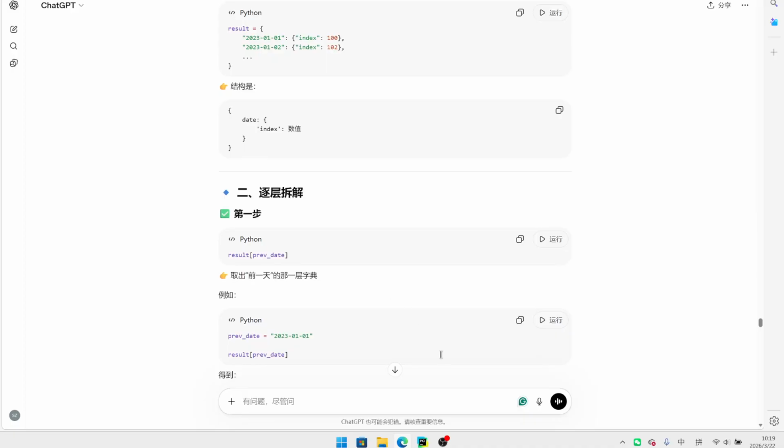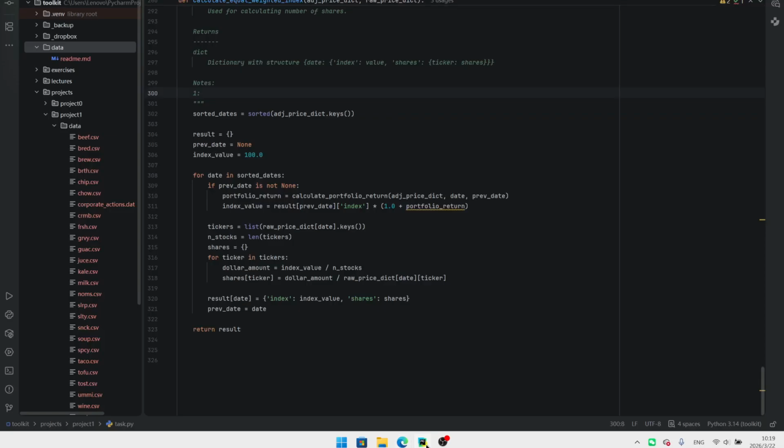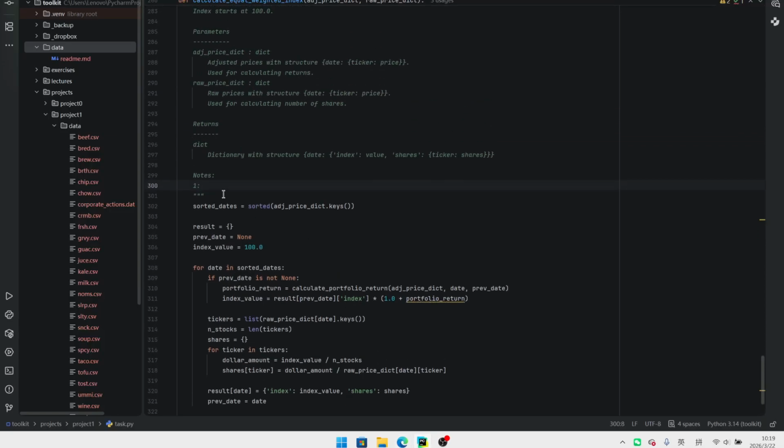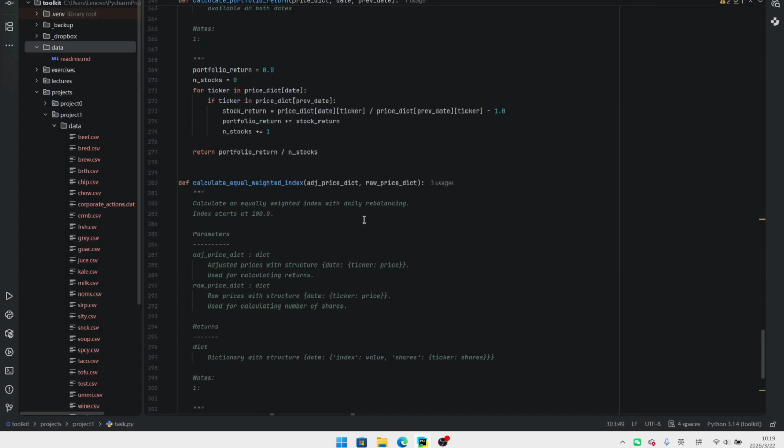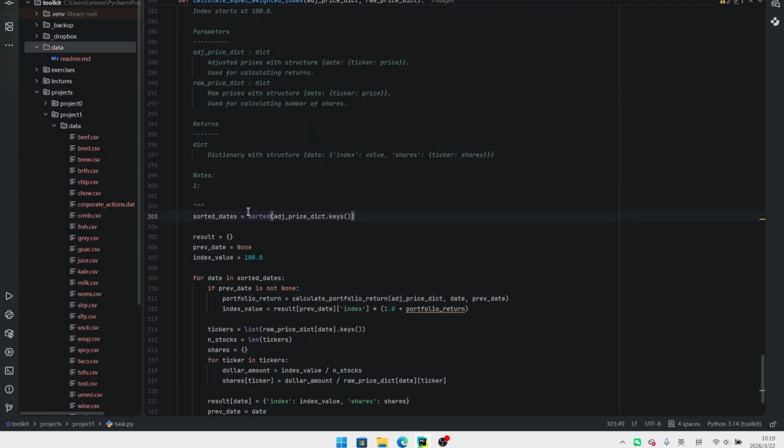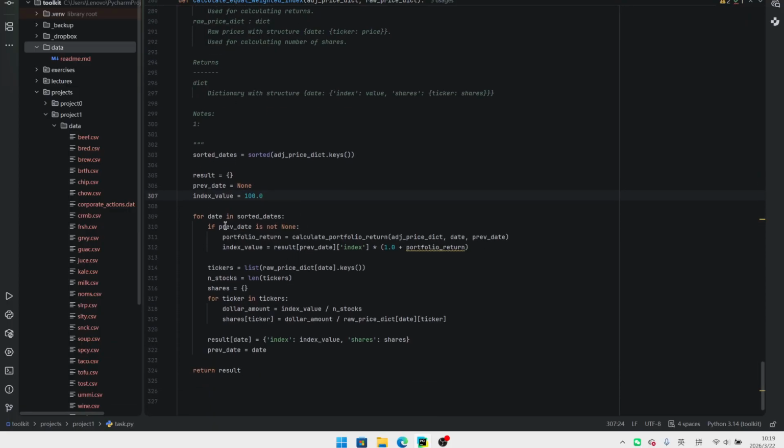But I think not just as far as I can see. Sorted date. Sorted is just key value results index 100. So escape for the first time.